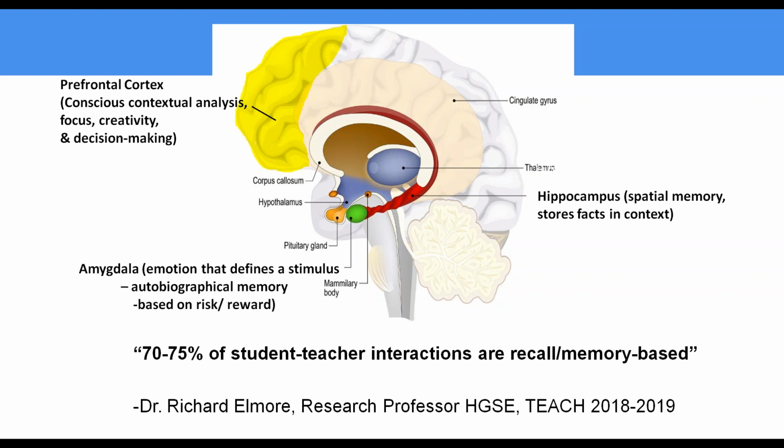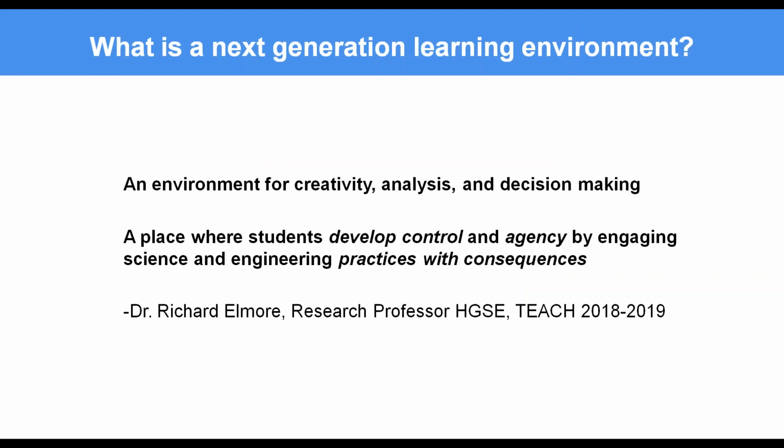So that leads us to this sort of question where you say, well, what is a next generation learning environment? And I'm almost through my definitions here. It's an environment for creativity, analysis, and decision-making, a place where students develop control and agency by engaging science and engineering practices with consequences. And this is a direct quote again from Dr. Elmore.